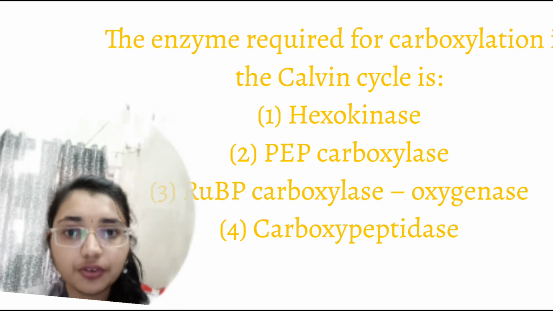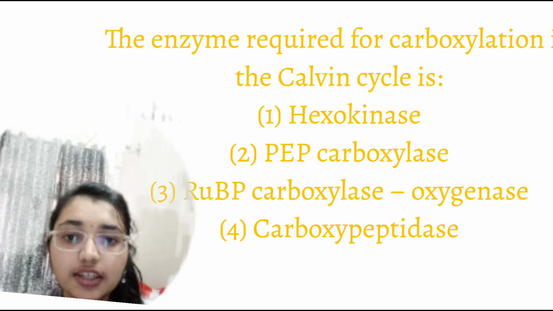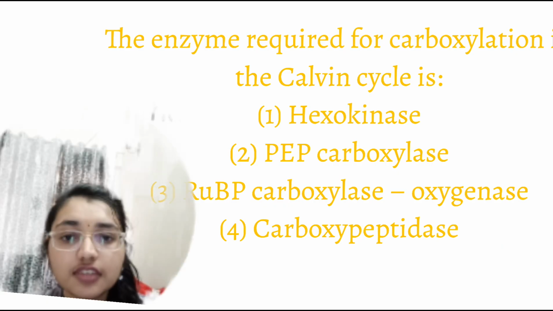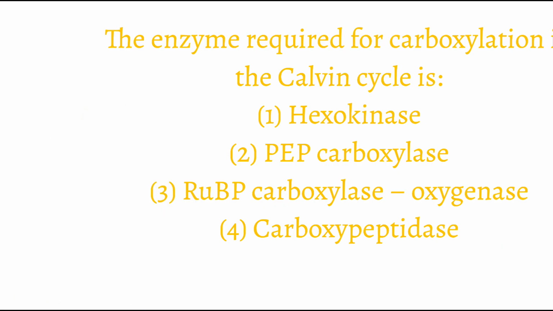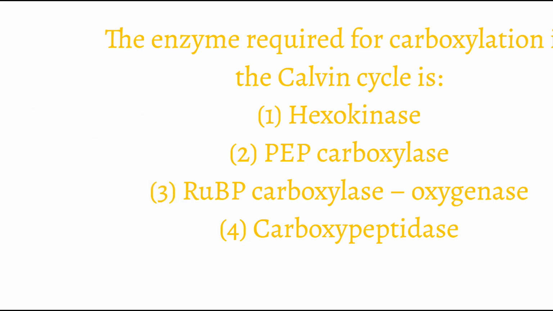Here we have to tell the enzyme that is required for carboxylation in the Calvin cycle. Option 1 is hexokinase, option 2 is PEP carboxylase, option 3 is RuBP carboxylase oxygenase, and option 4 is carboxypeptidase.